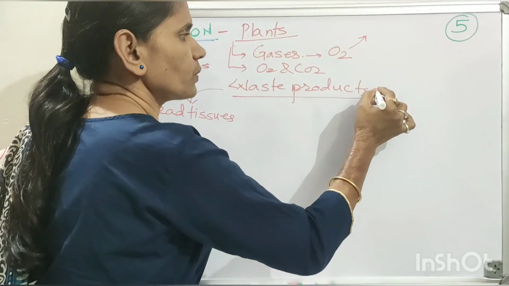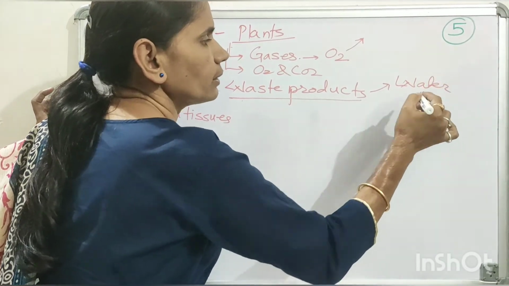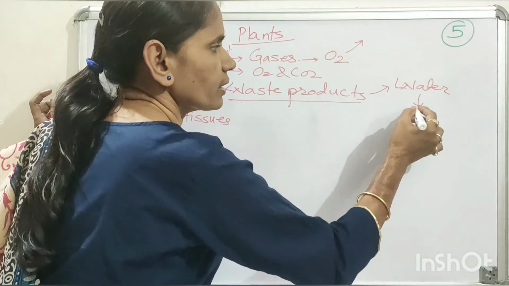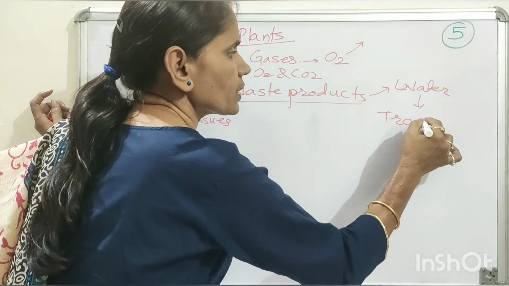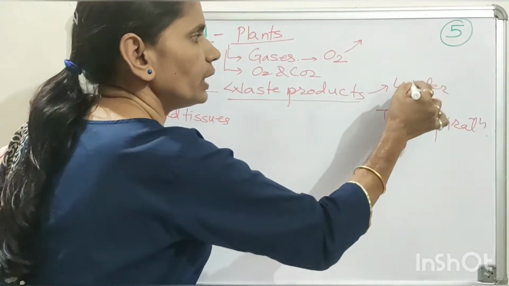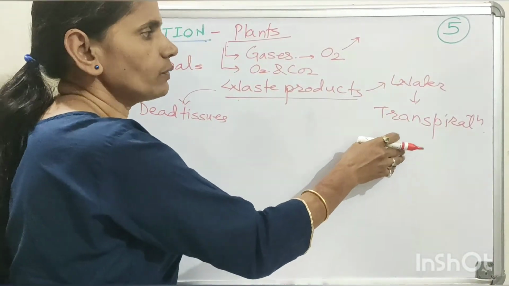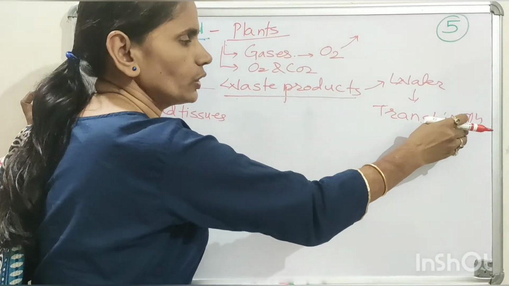Another important waste product is excess water. It is released or excreted by the process of transpiration. The excess water is released outside the plant leaves by transpiration through the stomata.